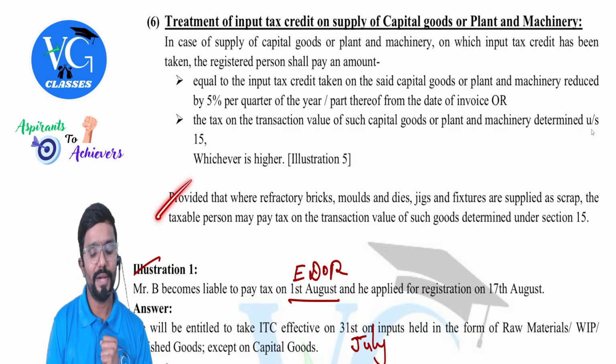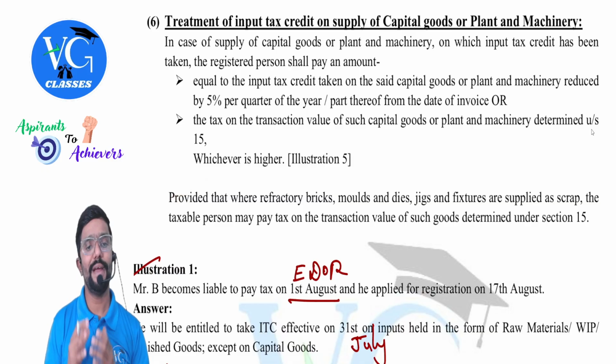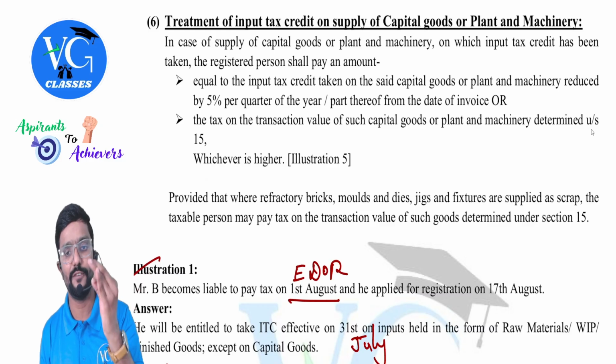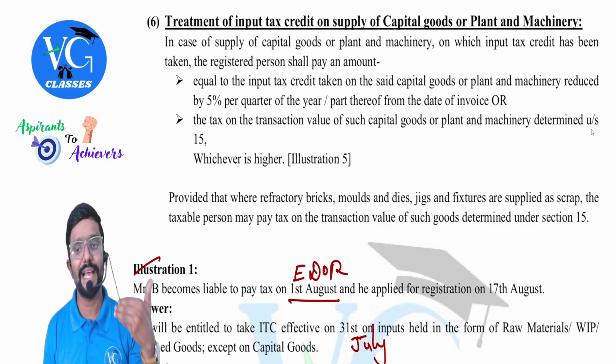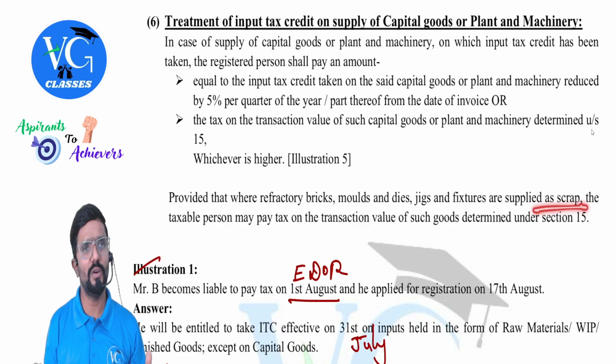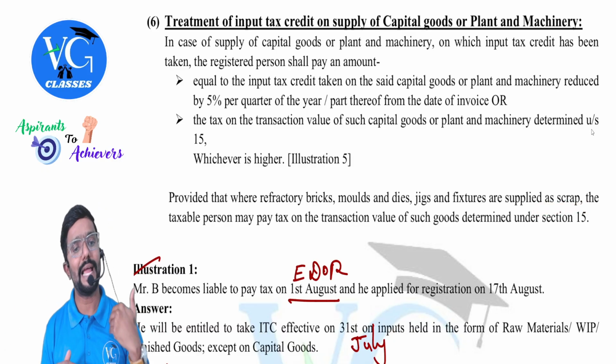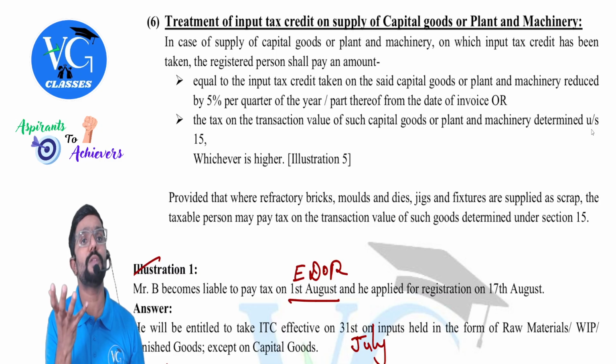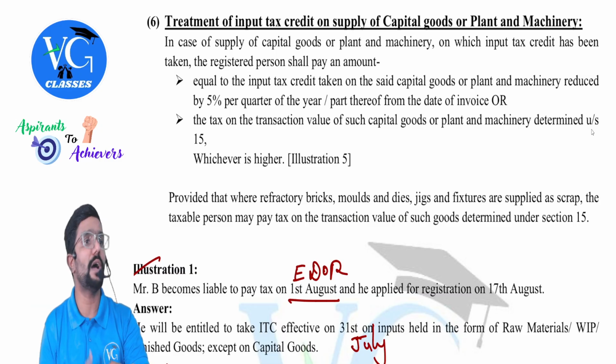Okay. But the proviso is telling, provided that where the refractory bricks, molds, dies, jigs and fixtures are supplied as scrap, okay, it has been sold but as scrap, the taxable person may pay tax on the transaction value of such goods determined under section 15. Guys, simple. All these are actually equipments which will be used to give design or shape to the products.